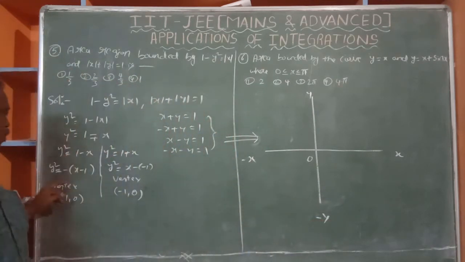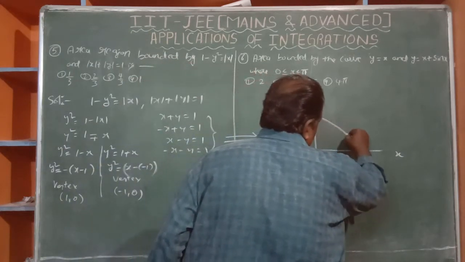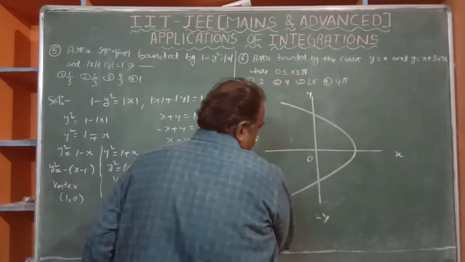Y square is equal to minus 4x, yes minus is there, but here it is a plus. But here it is a minus. So the curve is like this.